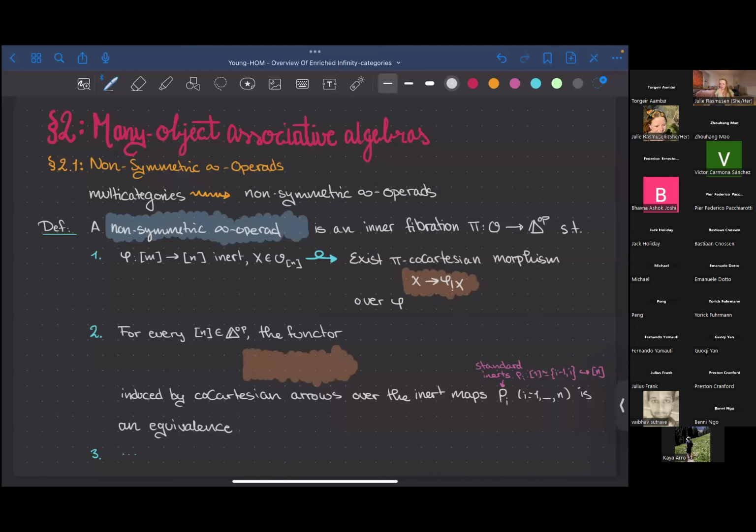Furthermore, we want that for any object n, we have a functor that goes from the fiber over n into the product of the fiber over 1, n times, induced by the coCartesian arrows from the standard inert maps. And we want this to be an equivalence. And then there are some more conditions on the mapping spaces that do not necessarily give that much intuition, but make annoying proofs work, basically. Okay, so as you can see, it's very similar to what we're used to about infinity operads.